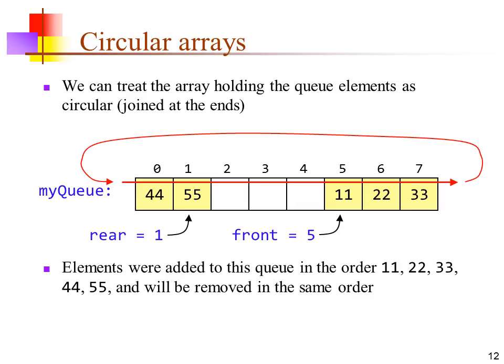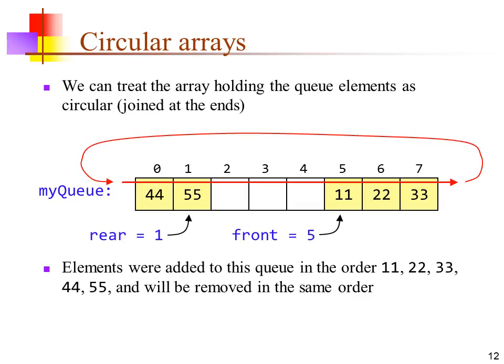Now this is not the scenario we can observe in the linear queue, where always the rear value is high and the front value is low. Whereas here the reverse is possible, means the rear value is low and the front value is high. Here rear value 1, front value 5. This particular scenario will not arise in the linear queue. It happens only in the circular queue.